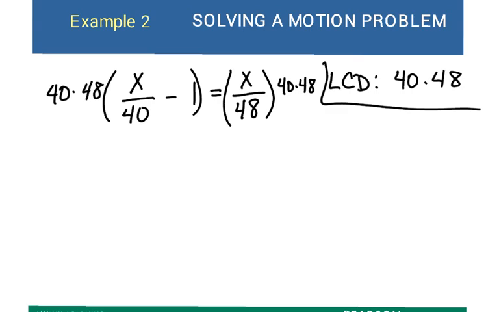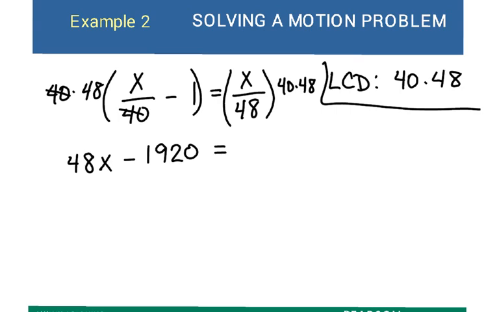And then distribute it. When we distribute that, the factors of 40 actually end up canceling out in this case. So we end up with 48x minus, now we need to distribute the 40 times 48 to that negative 1, which is going to give us 1,920.